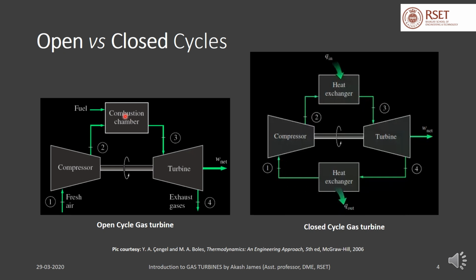The open cycle gas turbine is an internal combustion engine, where the working fluid gets combusted, whereas the closed cycle gas turbine is an external combustion engine if the heat source is combustion.